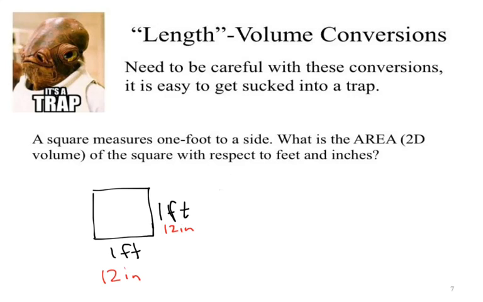When I go to calculate my area, it'll be 12 inches times 12 inches, which gives us 144 inches squared. Okay, so cool, that was pretty easy to go through. But we want something that's a little bit more manipulatable.